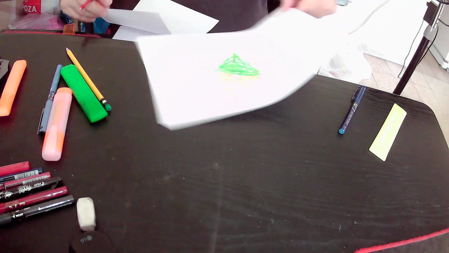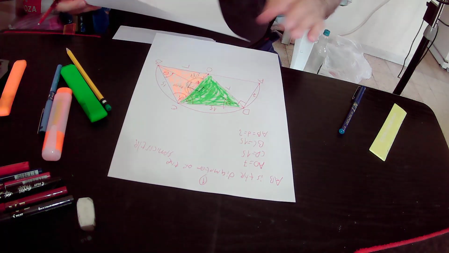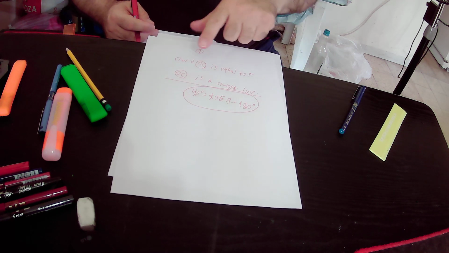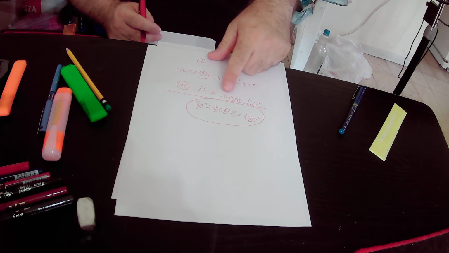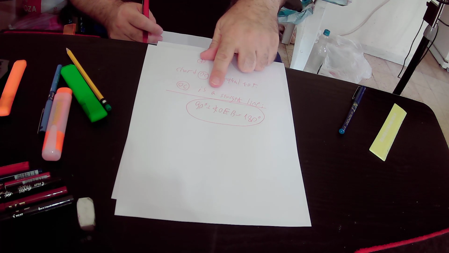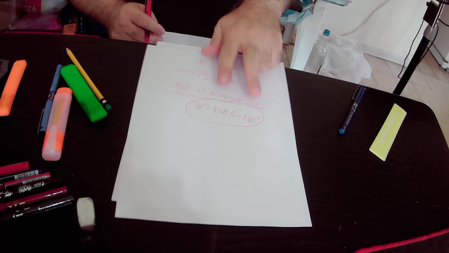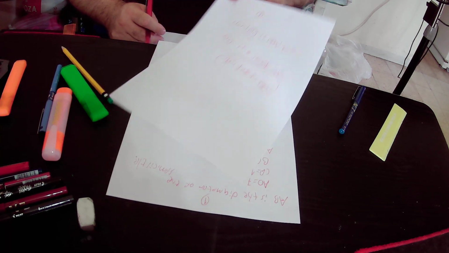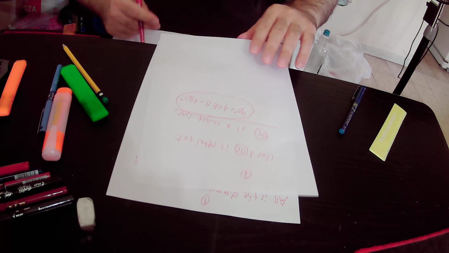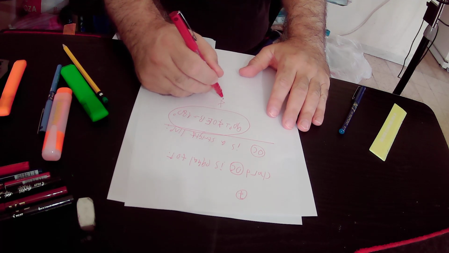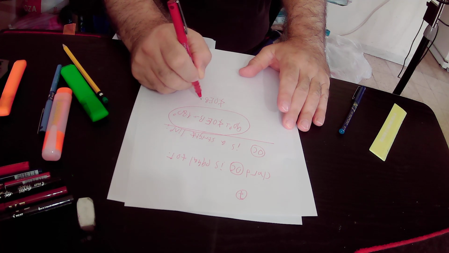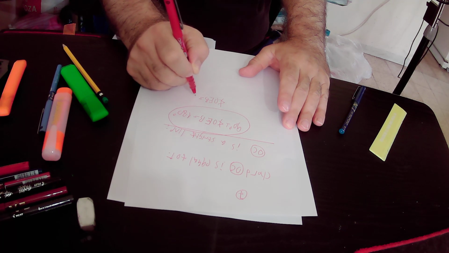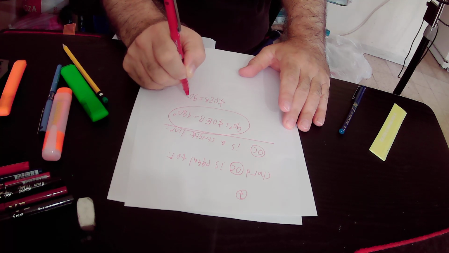From this equality we can subtract 90 degrees, and we will get that angle OEB equals 180 degrees minus 90 degrees, which is 90 degrees.